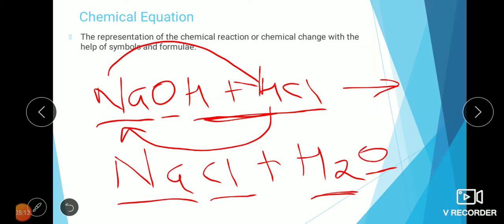That means we cannot create any matter. That is, whatever amount of reactant I have will be equal to the amount of product formed in a chemical reaction. I can change the form of that. Like here we had sodium hydroxide, which gets converted to sodium chloride. Now here the conversion takes place.